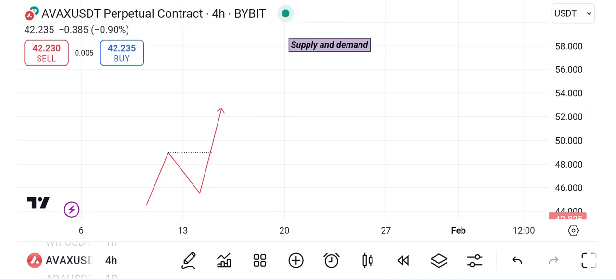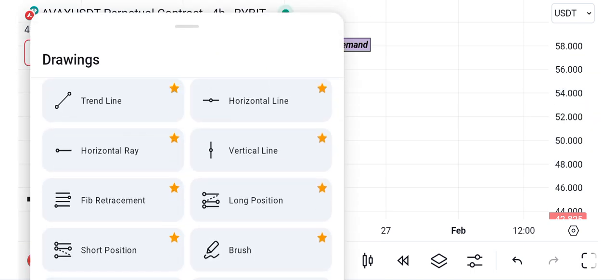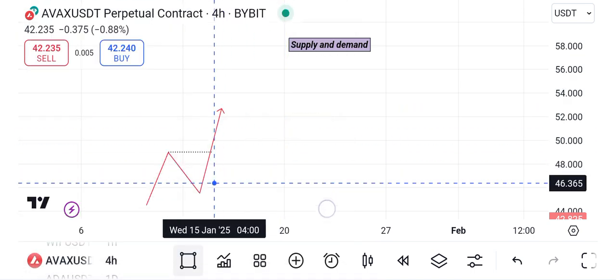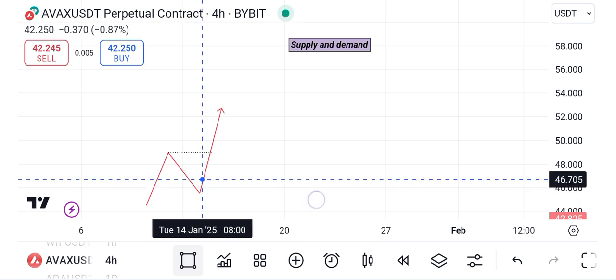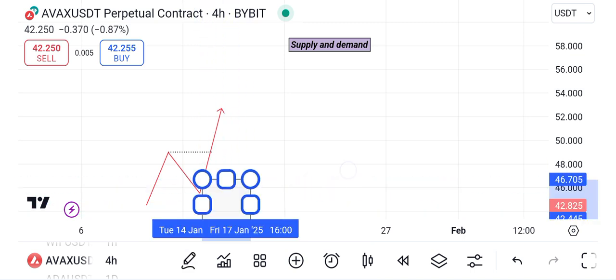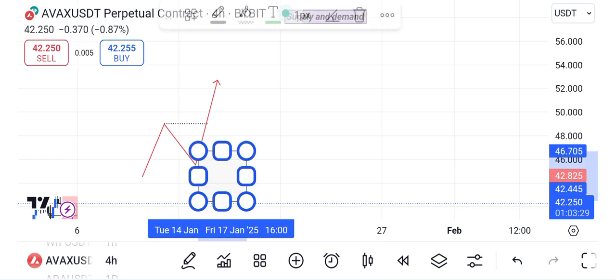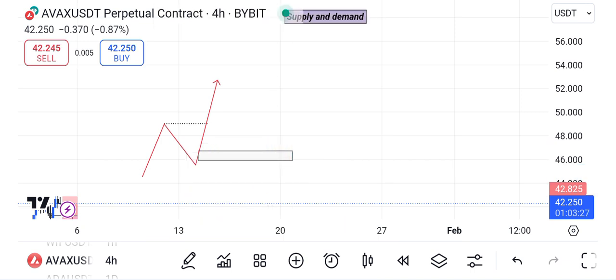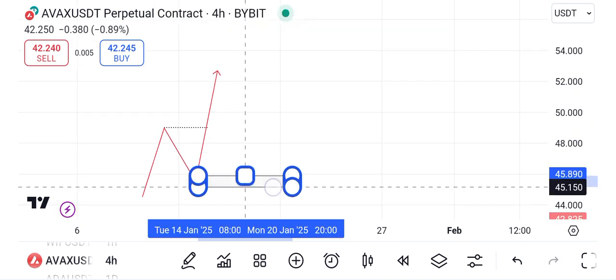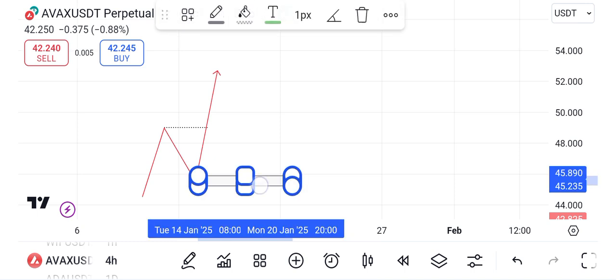Now, in this case, we have our demand zone, the last candlestick that was here. Our demand zone is lying at this point, the last candlestick before the big expansion. So let me take this out.